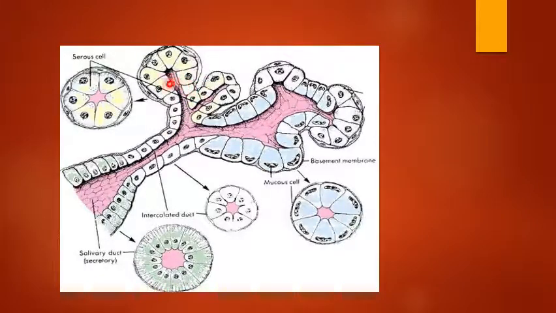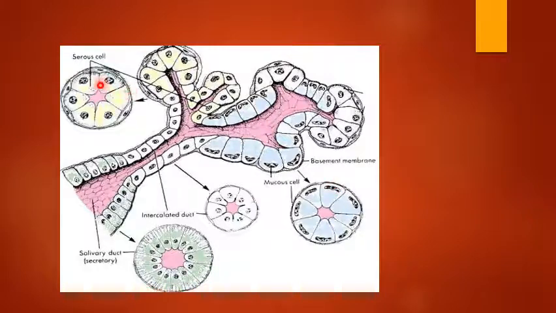These cells, mucous and serous cells, are present in the secretory unit of the salivary gland. These serous cells are pyramidal in shape, having a spherical nucleus near the basement membrane, and this basement membrane is separated from the underlying mesenchymal cells. In the mucous cells, the nucleus is flattened and is more basally present as compared to the serous cells, right?